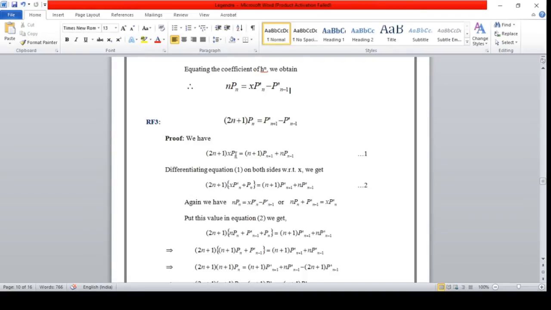Again we have the first recurrence formula. The first recurrence formula means (2n plus 1) x Pn is equal to (n plus 1) Pn plus 1 plus n Pn minus 1, equation number 1.